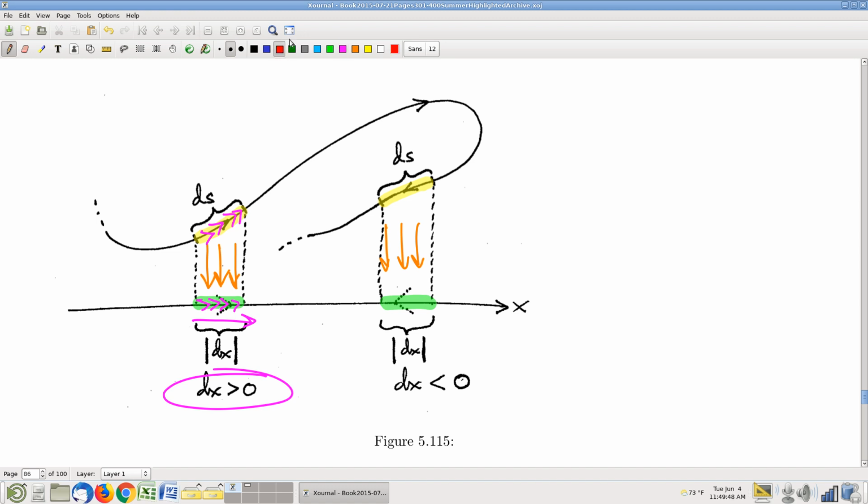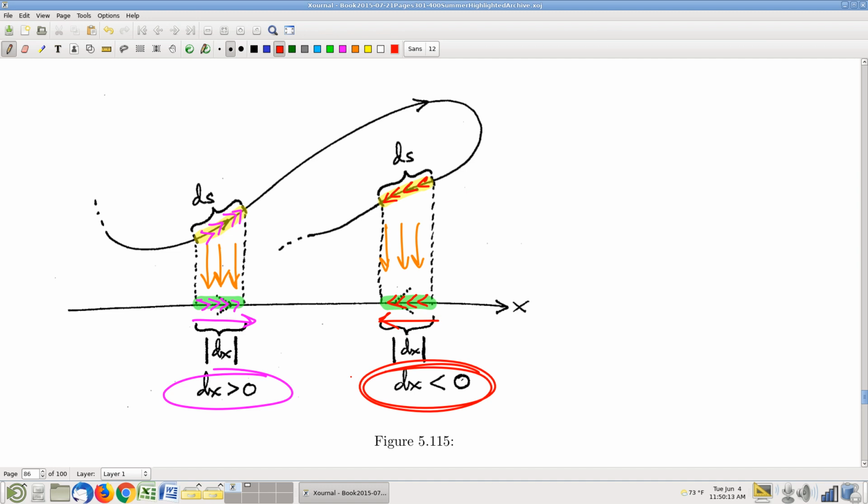Whereas this piece of curve, we're going that way. The projection is to the left, which is the wrong direction, the negative direction on the x-axis, consistent with dx being negative. Okay, now this is just geometric observations, but here's the change in point of view that I want you to take.